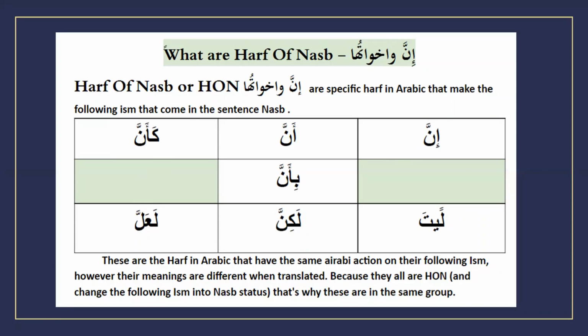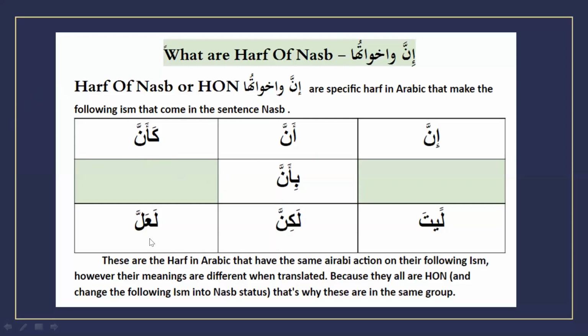If you learn these, it will be much easier to analyze and to do the Arabi of Arabic sentences, inshallah. So these are inna, anna, ka anna, bi anna, laita, lakinna, la'alla.